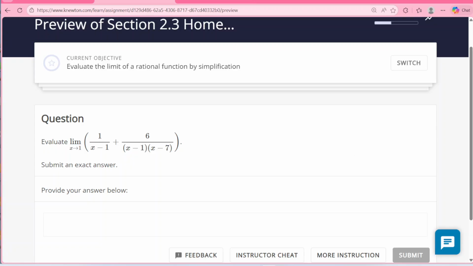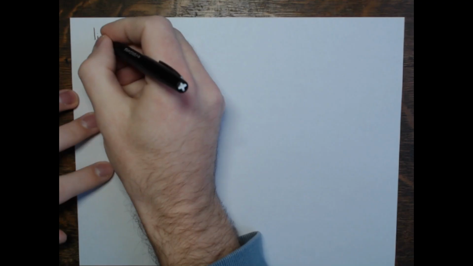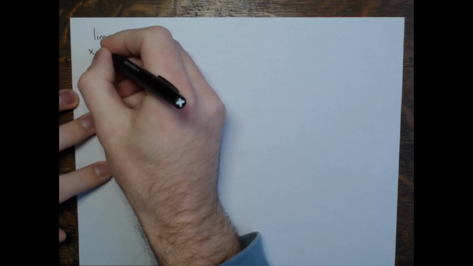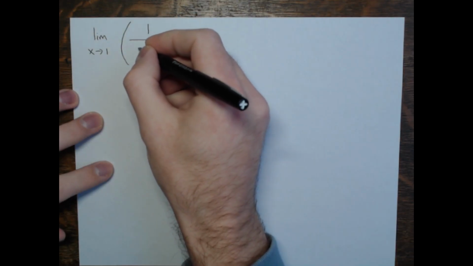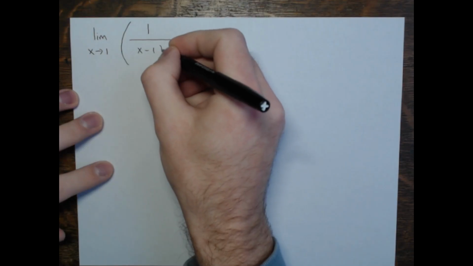Manipulate the expression. You're going to have to use some algebra to manipulate the expression to an equivalent expression at values around x equals 1, right? So here we've got the limit as x approaches 1 of 1 over x minus 1. And I'm going to put this denominator in parentheses.